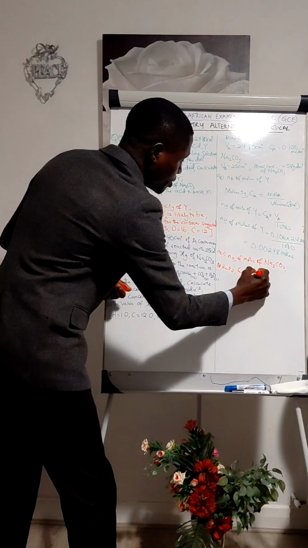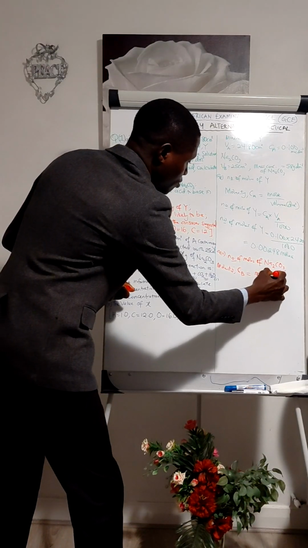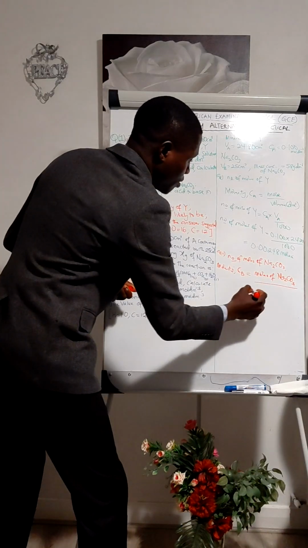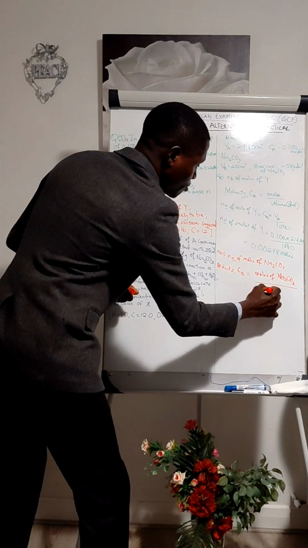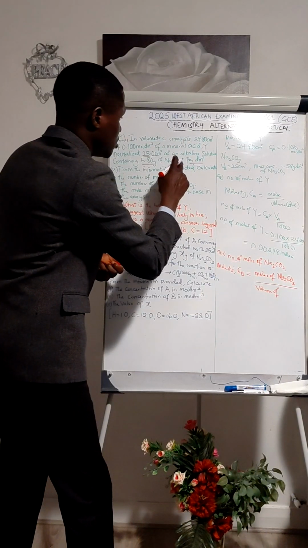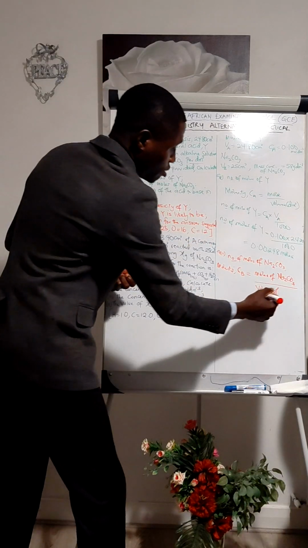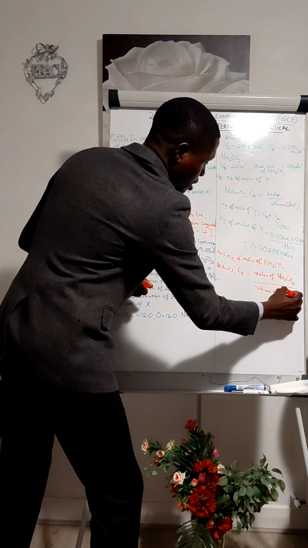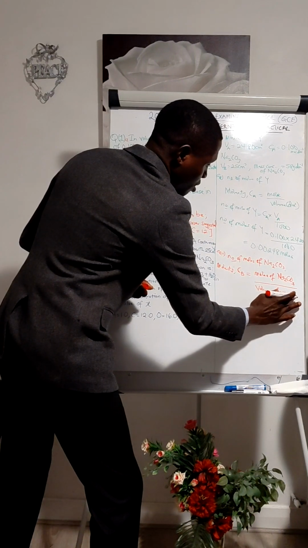So CB is going to be what? The number of moles of sodium trioxocarbonate(IV) all over the volume of the alkaline solution used, the total volume of alkaline solution.